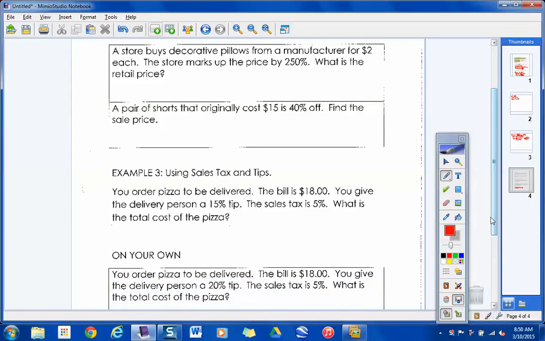Take a minute or two, get through the two problems up top here. When you've got a solution, check with your partners to make sure you agree. And as usual, I will tell you if you disagree, what do you need to do? Make sure you check with a neighbor.